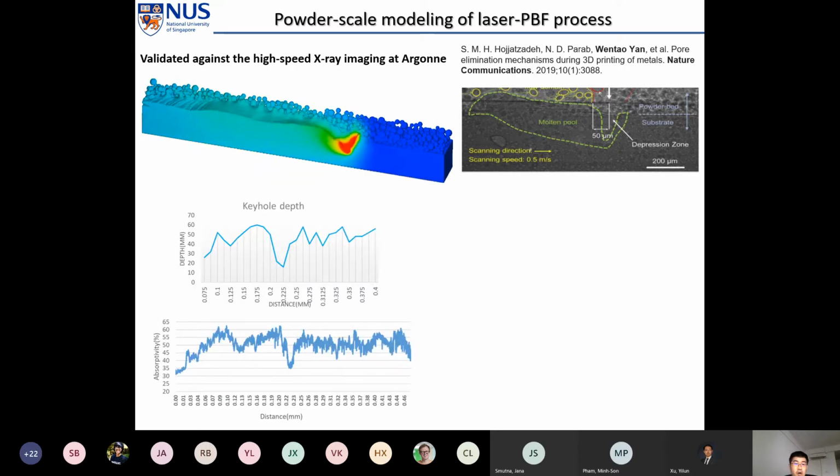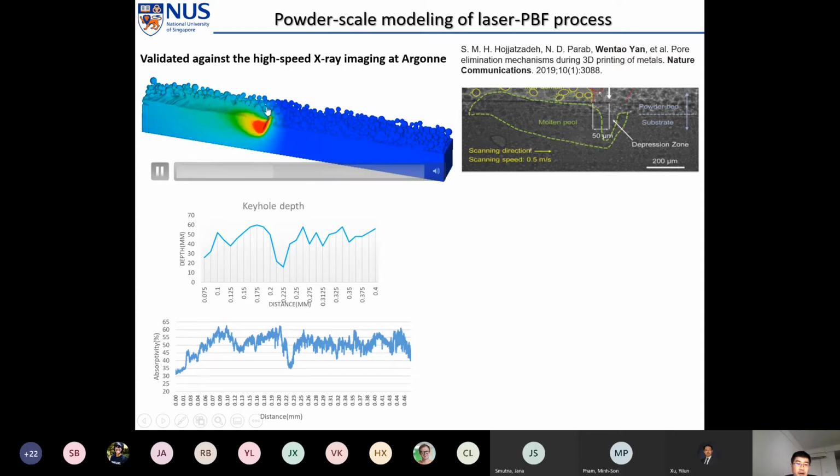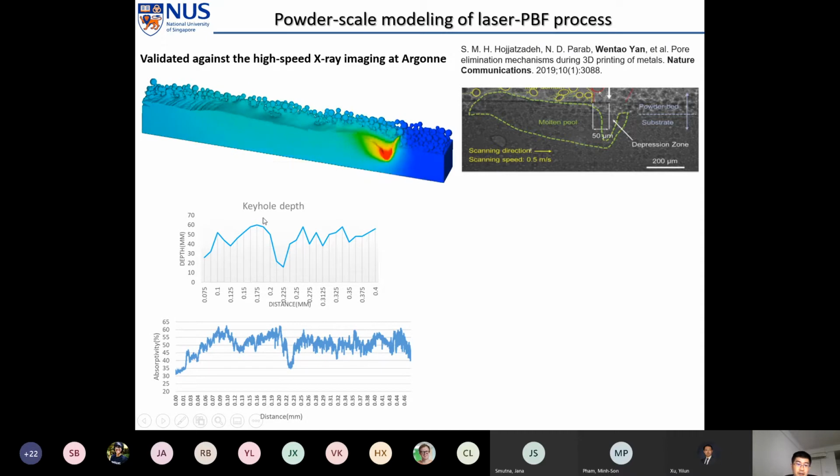And actually, more in depth, we found the keyhole depths will vary because of the randomly distributed powder particles. If the keyhole depth becomes shallower, the energy absorptivity will become lower. If the keyhole depth becomes deeper, then the energy absorptivity will become higher.